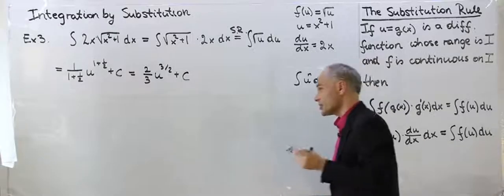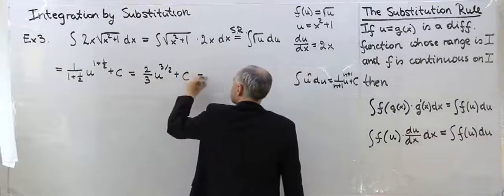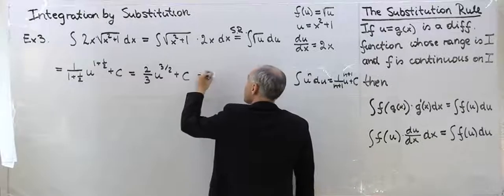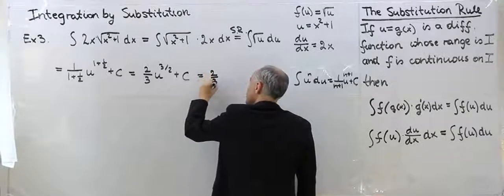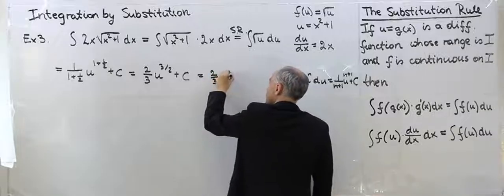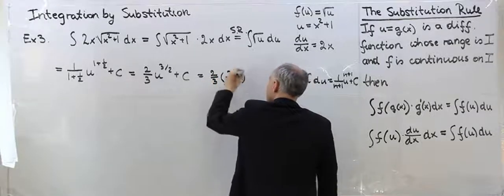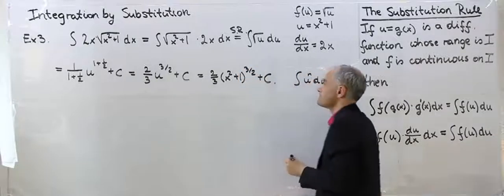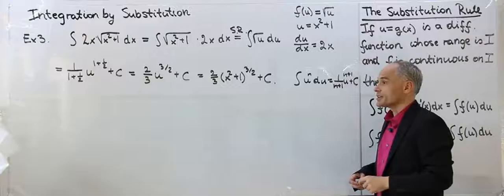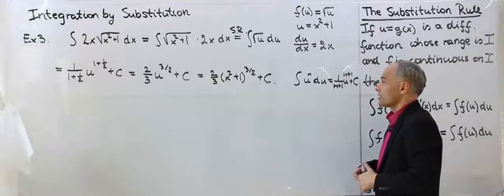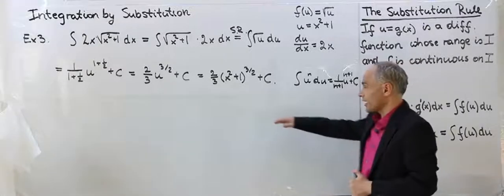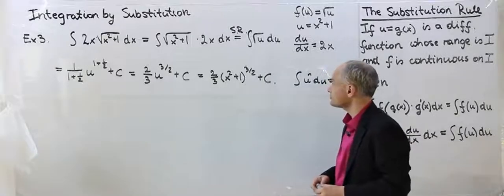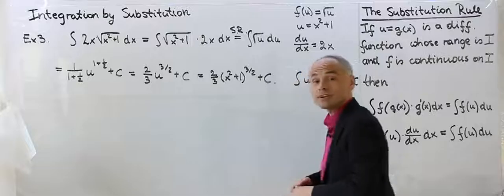We're almost done, but don't forget to replace u with the function of the original variable, right? So it'd be 2/3 x squared plus 1 to the power 3/2 plus c. It's a good idea to check your answer by differentiation. Do you have any questions?